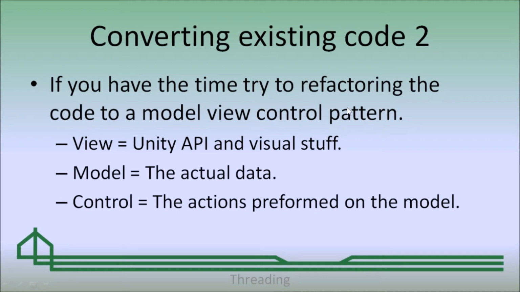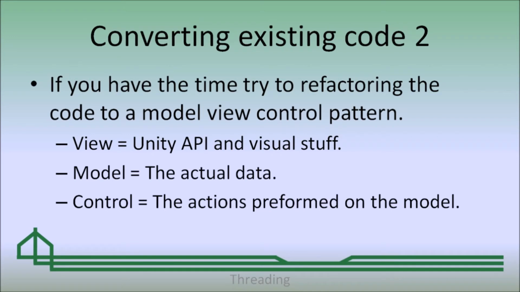Another part is that if you have time, try to refactor the code to a model view control pattern. I use this when I use threaded code because then you have the view with the Unity API and the visual stuff and some simulation which is Unity specific. Then you have the model, maybe some data about where things are and what they're doing and so on.